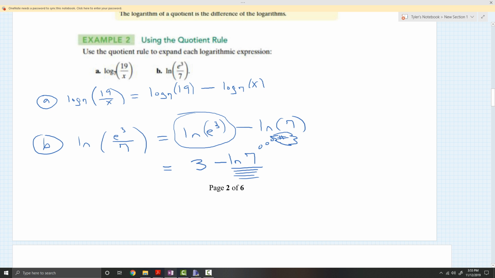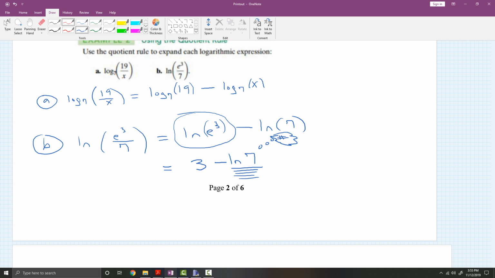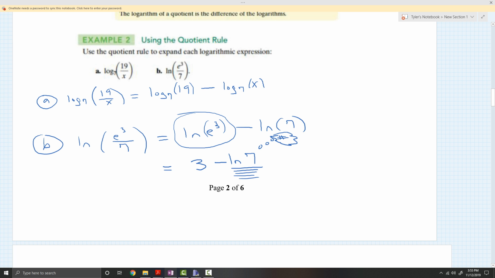And then also don't forget, let me just change color here, the natural log of e cubed. If you don't remember those cancellation properties, we can investigate like we did before. Let's say I don't know what the natural log of e cubed is, but I'm thinking to myself, this should reduce down. I could let this be equal to some variable, let's say capital A. If I rewrite this in exponential form, what this means is e to the A is equal to e cubed.